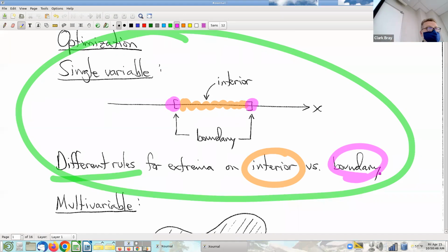On the boundary, check them always. You always check boundary points. You can quibble about the terminology, do we call them critical points? This is semantics, it doesn't matter. But you always have to check those boundary points as part of a complete process to try to find a maximum. So different rules. You don't need to check what the derivative is on the boundary.